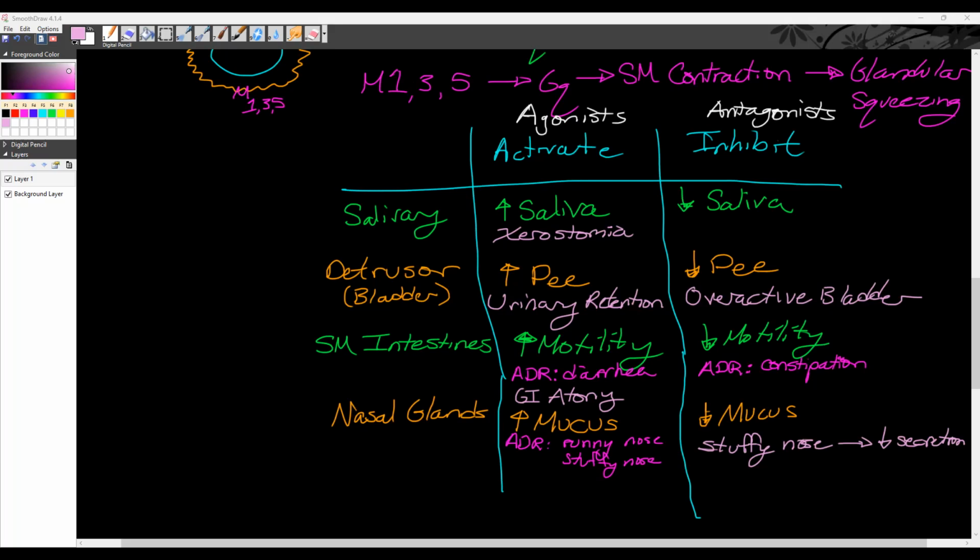As we talked about earlier, the miosis versus mydriasis. So you can add this in on that table that I showed you earlier.